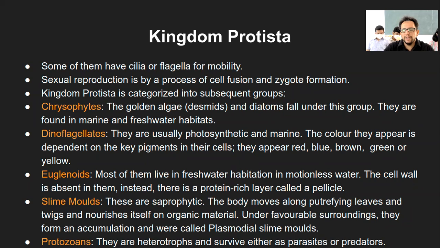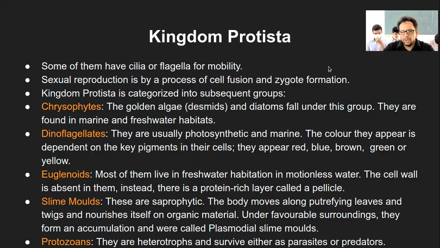These Euglenoids are again freshwater organisms, living specifically in motionless water, meaning water which is not moving, and the cell wall is absent in them. Instead of the cell wall, a protein rich layer called pellicle is present.